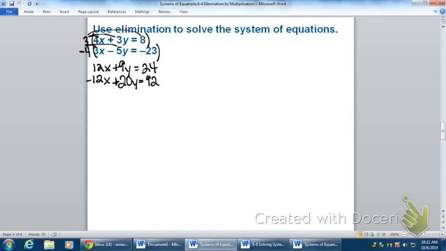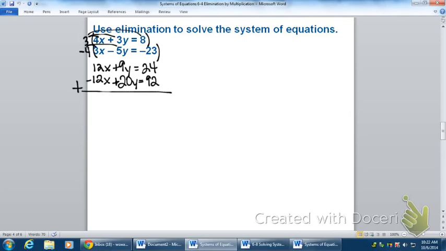Okay? Now, I have this how I want this. I wanted to get rid of my x's, so I have a positive 12x and I have a negative 12x. So I'm going to add 12x plus negative 12x, which gets rid of my x's. That cancels. Okay?